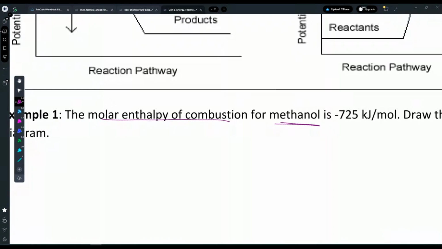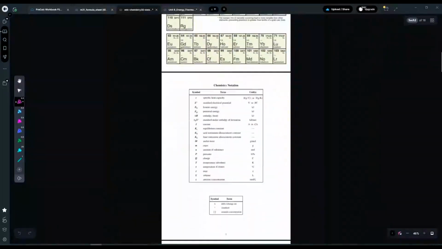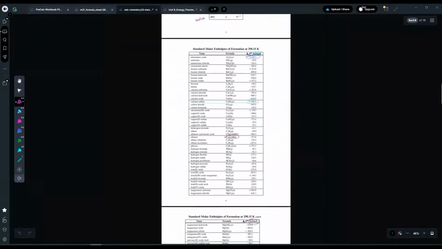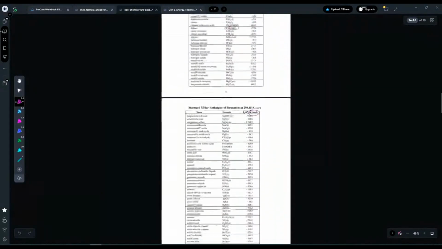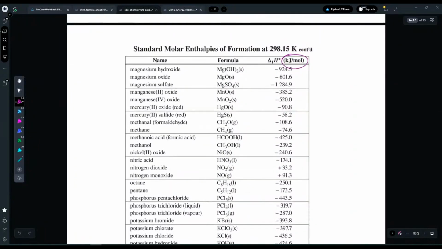Since this is the combustion of methanol, that is where I start in terms of writing my reaction. If you want to know the formula for methanol, you can find it on either page 4 or 5 of your data booklet. So methanol is here, so that's CH3OH.